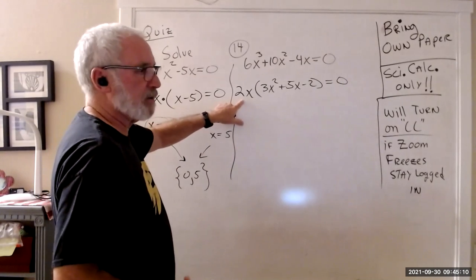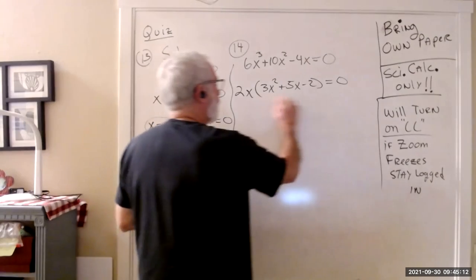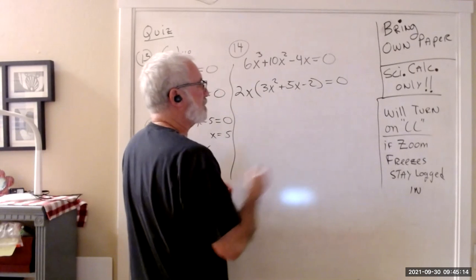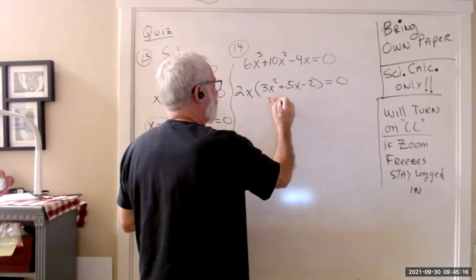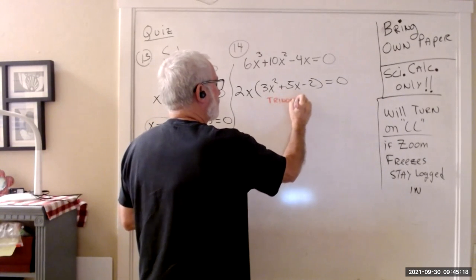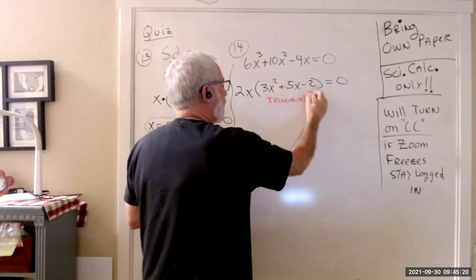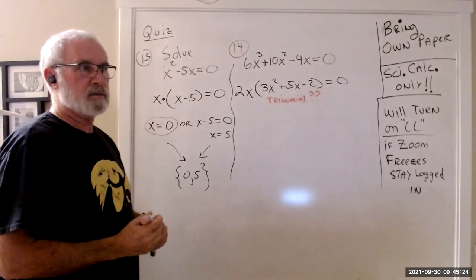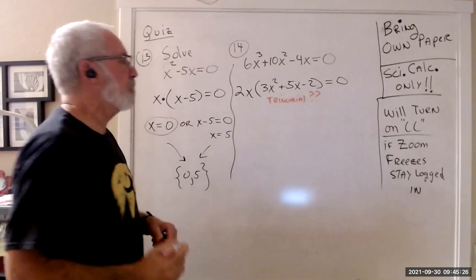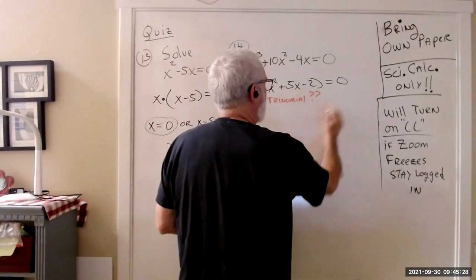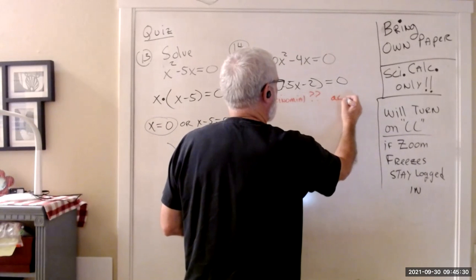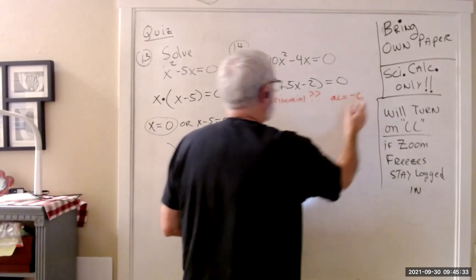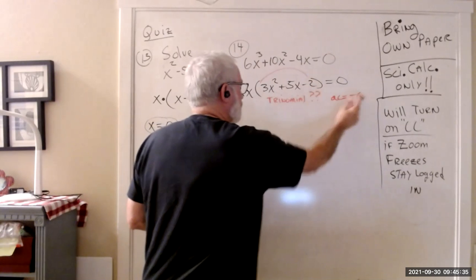Just because we've taken out what they have in common, I have to look here, and what I see here is a trinomial, and maybe it factors. I have to consider that. Okay, so to factor it, we use the AC. AC is 3 times -2, which is -6.